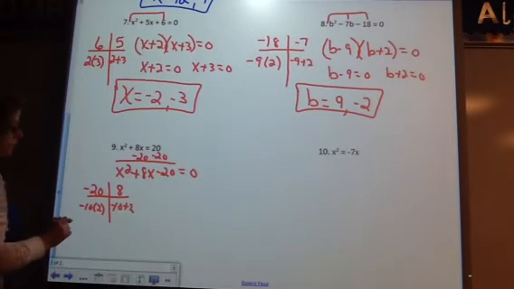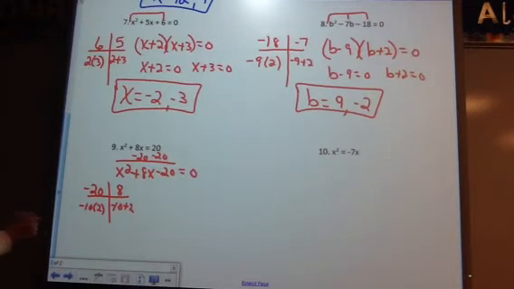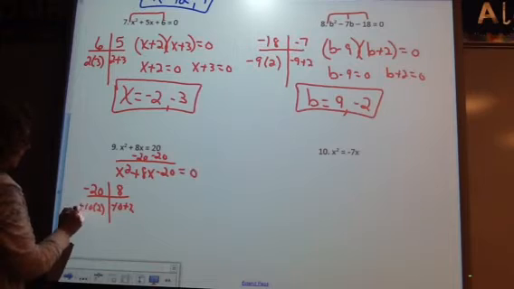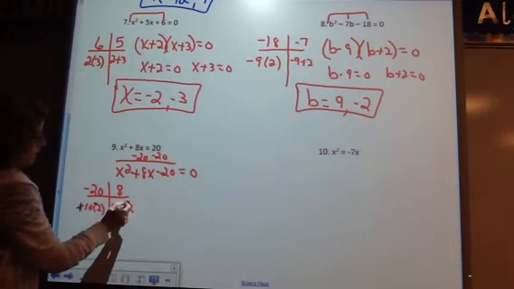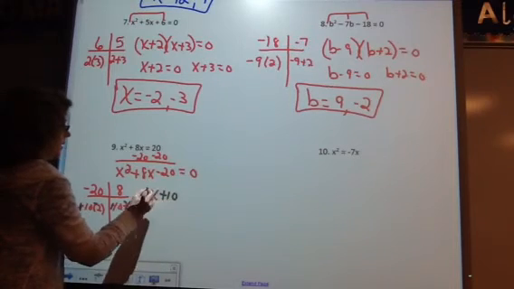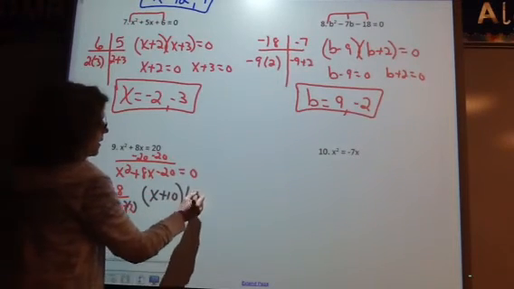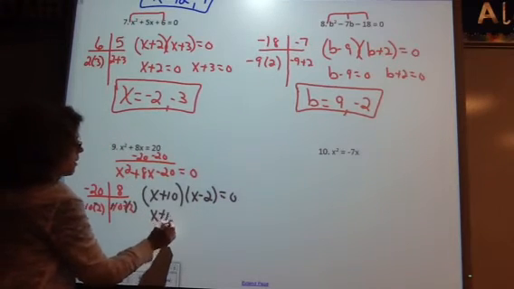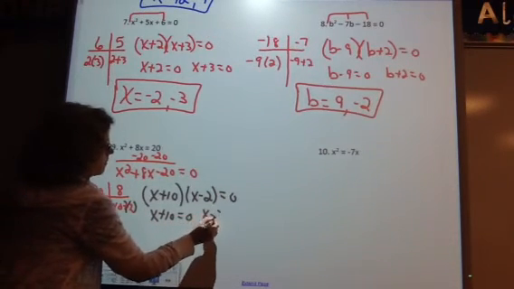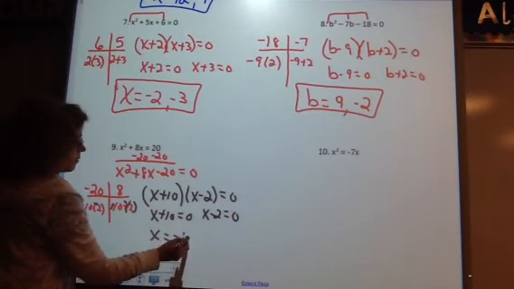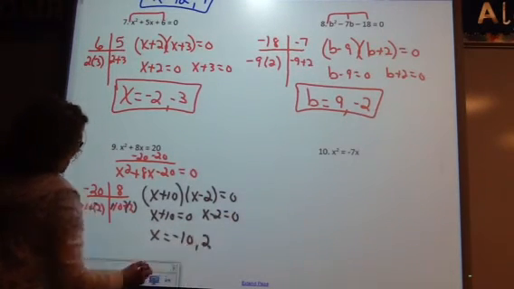Negative 10 plus 2 will give me negative 8. So I need to switch that. So it needs to be positive 10, negative 2. So we have x plus 10, and we have x minus 2. Set them both equal to 0. And then solve for x. So x is going to equal negative 10 and positive 2.